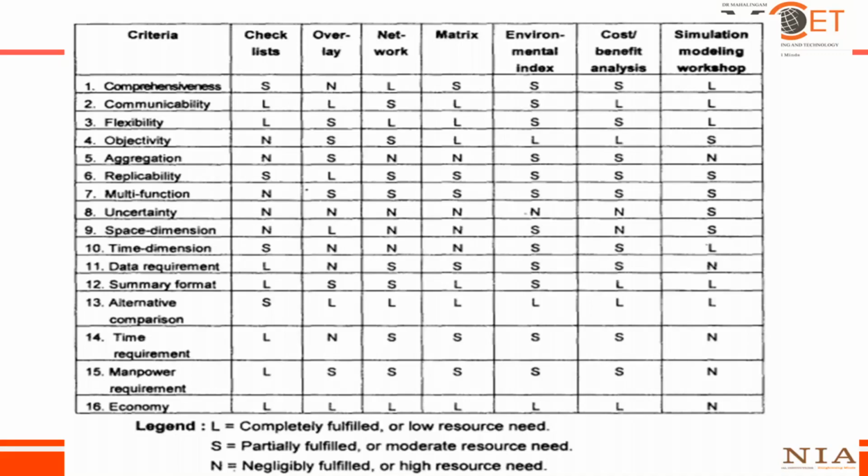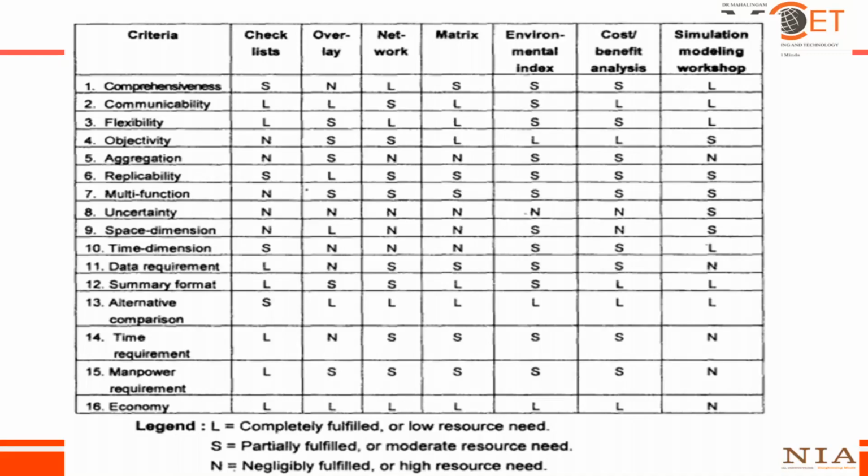So in the checklist method, we are just making a checklist and trying to see whether that has been covered or not. So you can see that there are about 5 N's, that is negligibly fulfilled components are 5, right? And completely fulfilled is about 7, right?